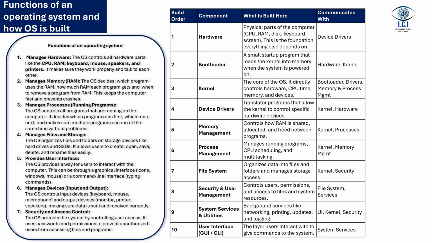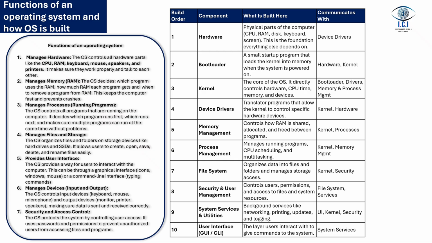And then, looking at what it communicates with, your kernel communicates with your bootloader, your drivers, your memory, process management, and so on. The next is the device driver. Your OS also has what is called the device driver. The device driver's work is to translate programs.